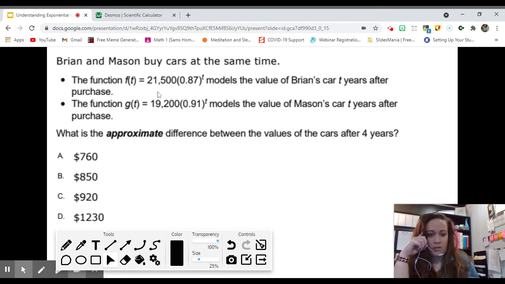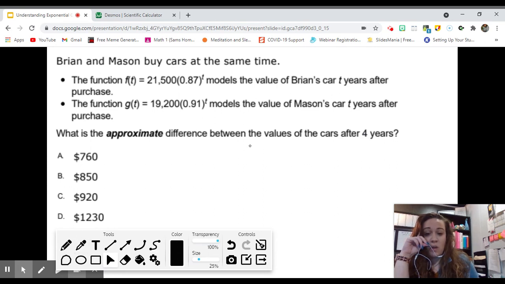G of t, which is just another function notation because it's two different people, is Mason's car, which he purchased at $19,200 and is depreciating at a rate of 9%. Again, I know it's decreasing because the decimal is less than 1. What is the approximate difference between the values of the cars after 4 years?